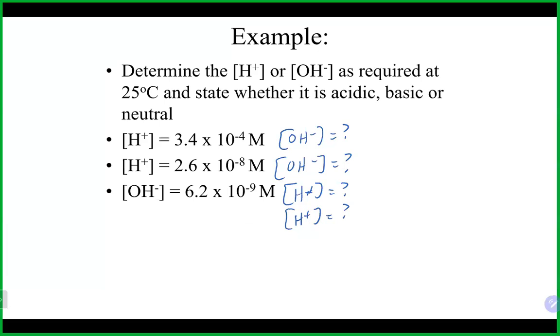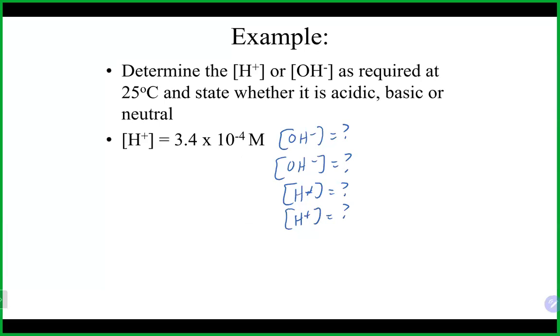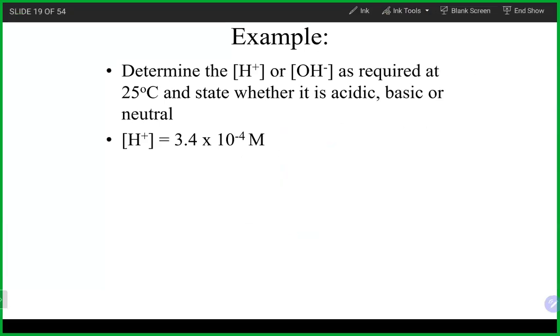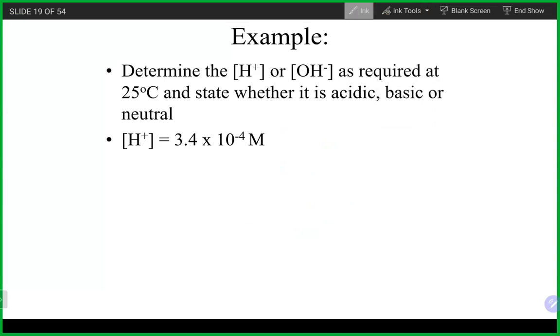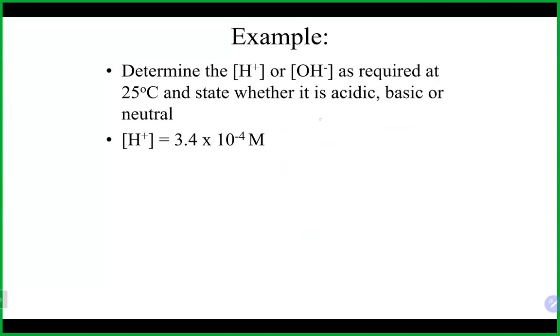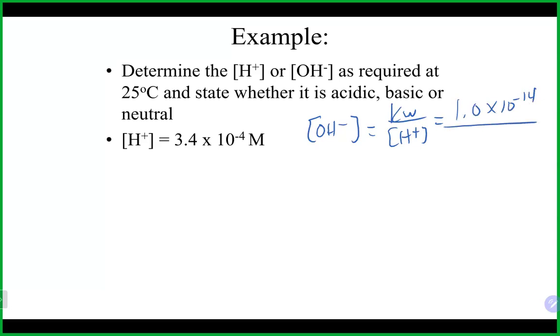In this case, if we're just looking at the first one here, we're going to be looking for the OH- concentration. And again, the good news is it's really the same calculation regardless of which one is given to you. So in this case, the OH- would be Kw divided by H+. Once again, Kw is really a constant for all intents and purposes, and it's always this number, 1 times 10 to the minus 14.